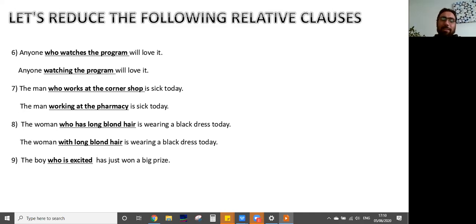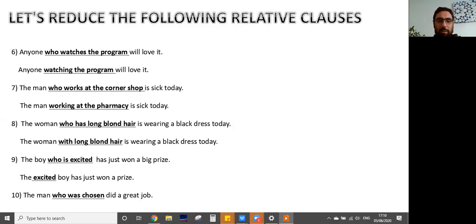Very good. Some of you were watching very attentively. The excited boy. So when we just have an adjective or a past participle, we can drop who is and we can put it before the noun. So the excited boy has just won a prize.